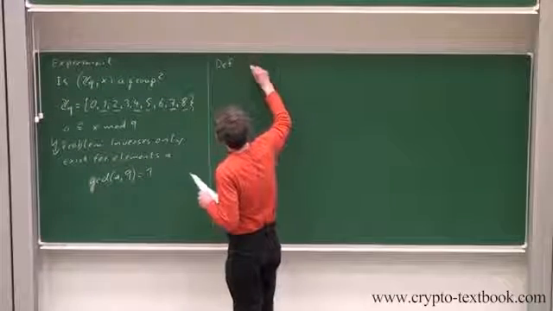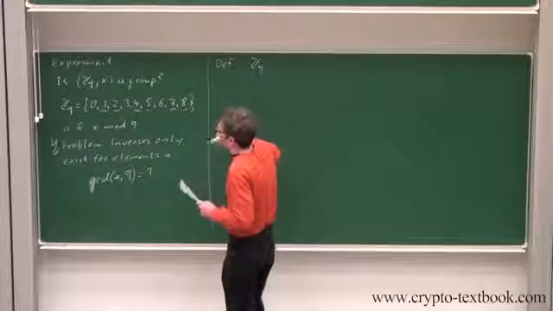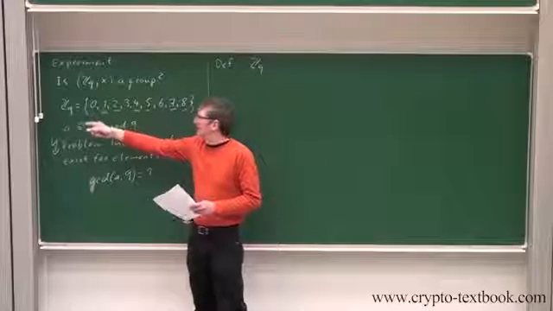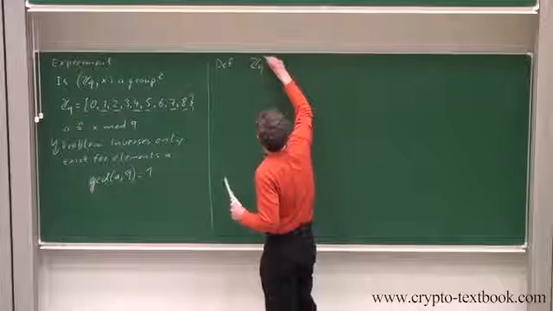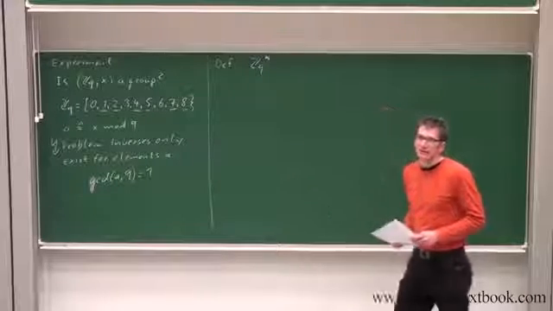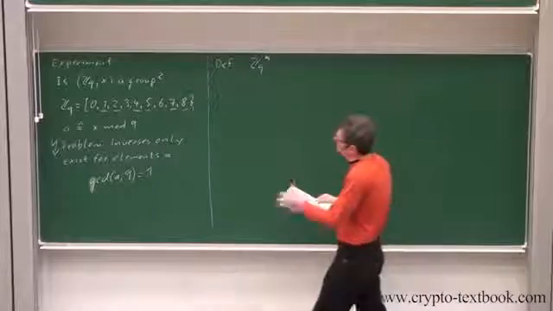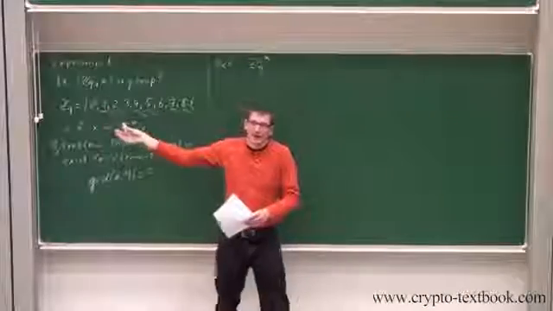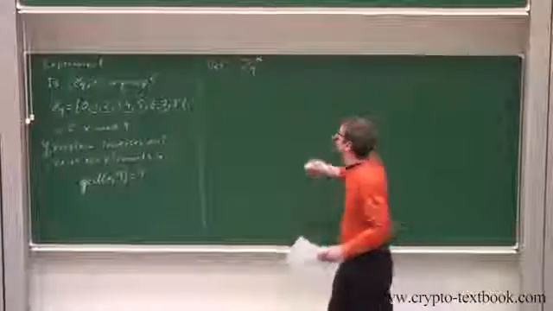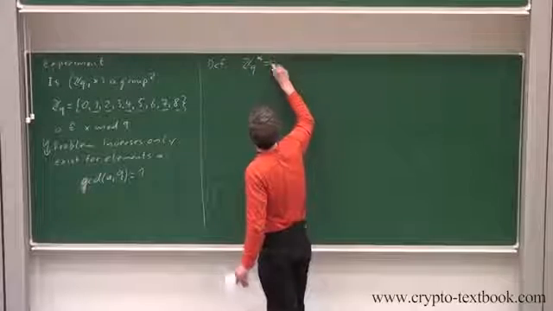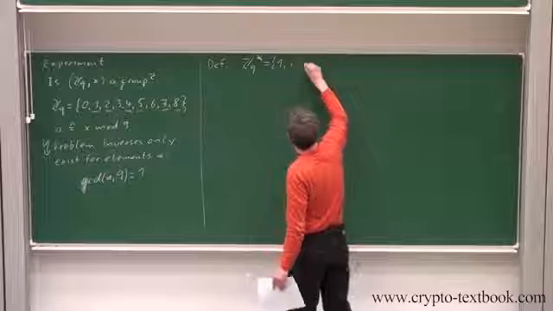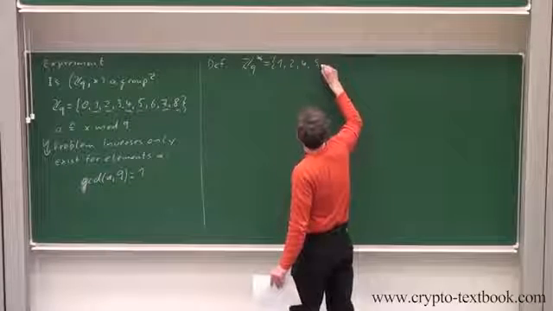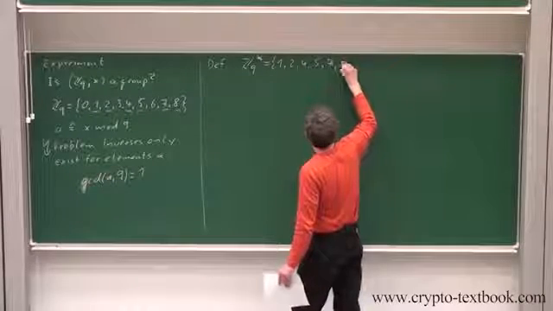We define a new group, and we kick the troublemakers out: 0, 3 and 6. We call that Z9 star, which is Z9 without the elements that don't have inverses. That means we get this new set, which has 1, 2, 3 is kicked out, 4, 5, 6 is kicked out, 7 and 8.